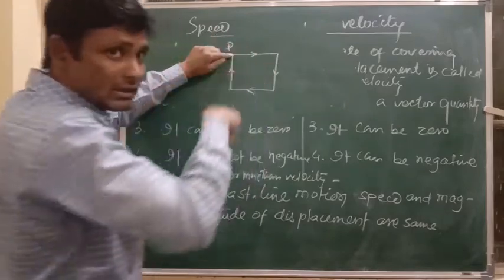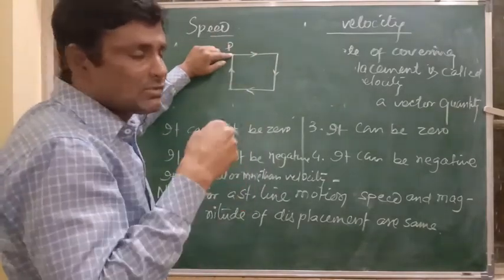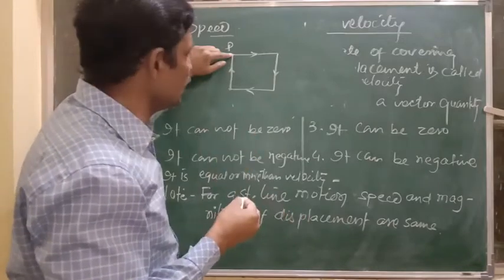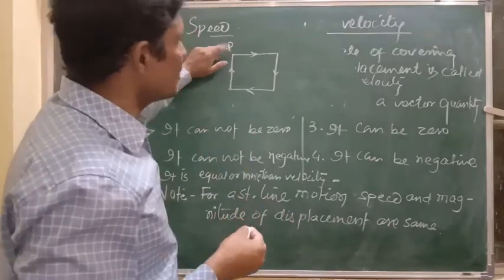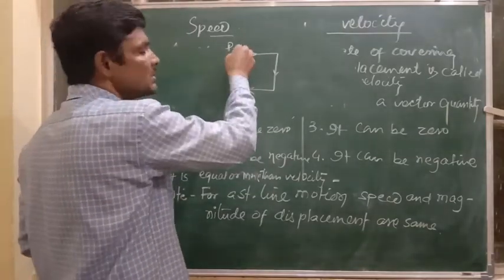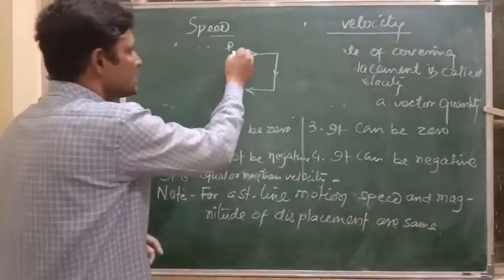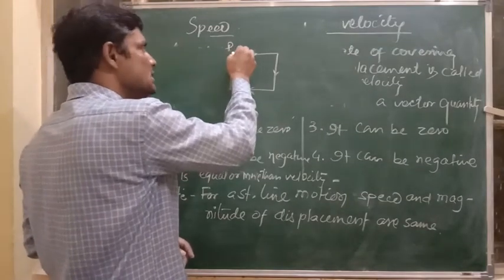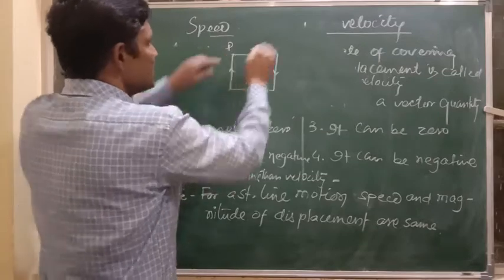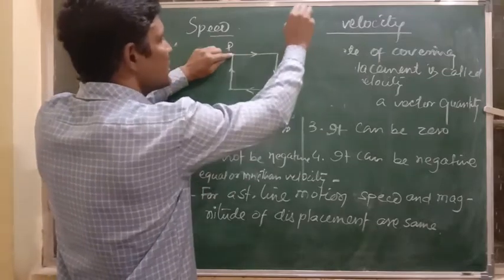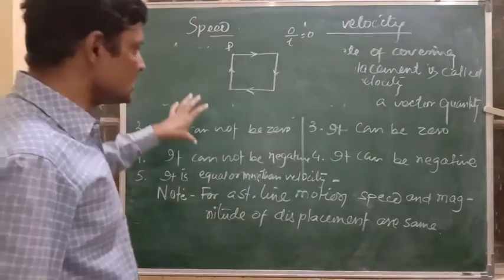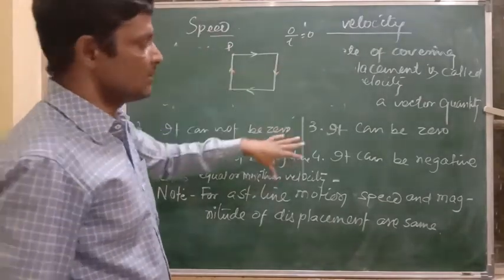So here the object was covering some distance in whatever time taken, so speed cannot be 0. But the object has returned to its initial point, so the initial and final points coincide. So displacement is 0, and 0 divided by time t taken, the velocity is again 0. So distance cannot be 0, but displacement can be 0.